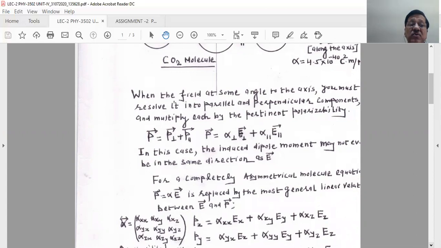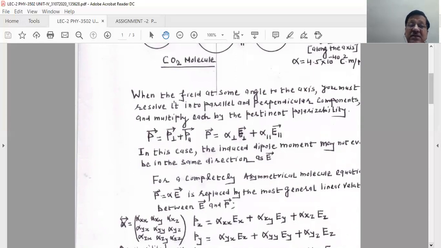So you have to consider a coordinate axis, and consider that you have your complex molecule placed in the uniform electric field, and if you want to write down the equations between the vector P and vector E, you have to resolve your vector E into the coordinate components.